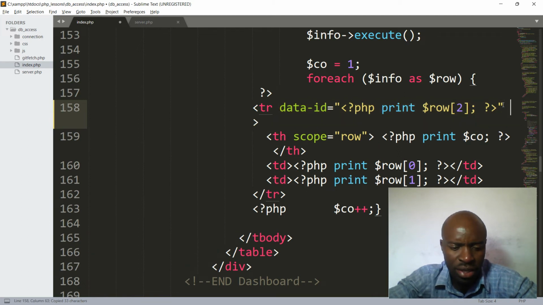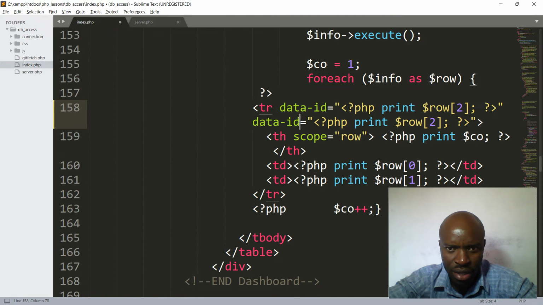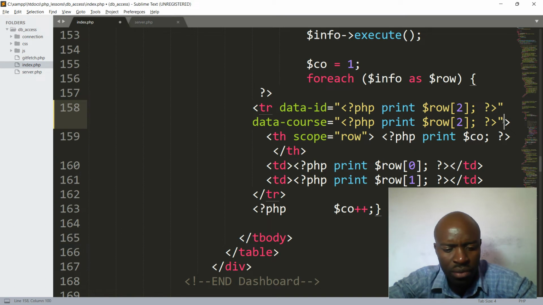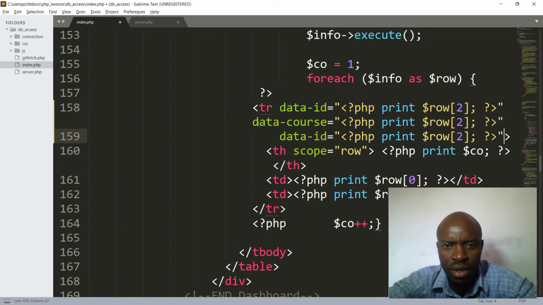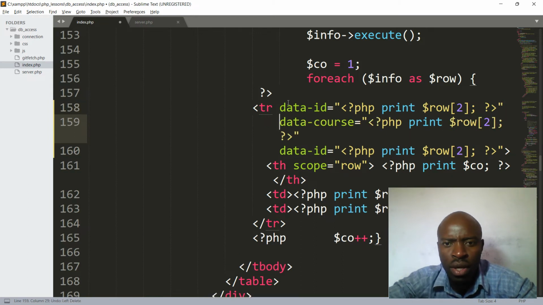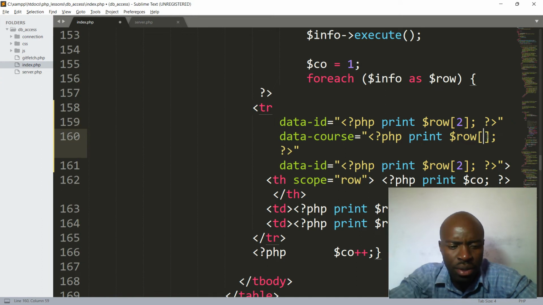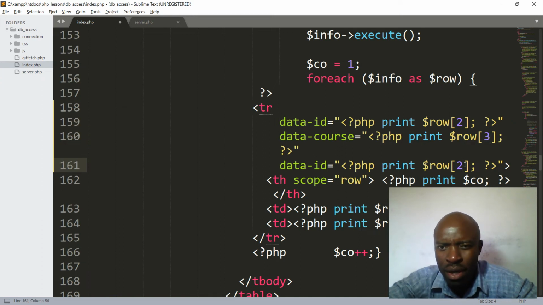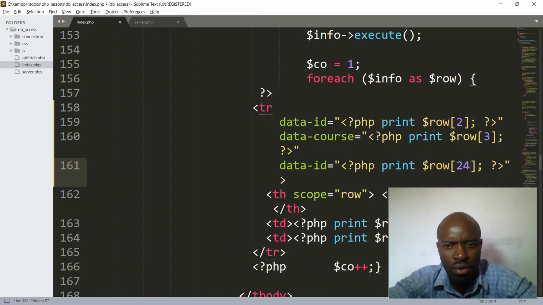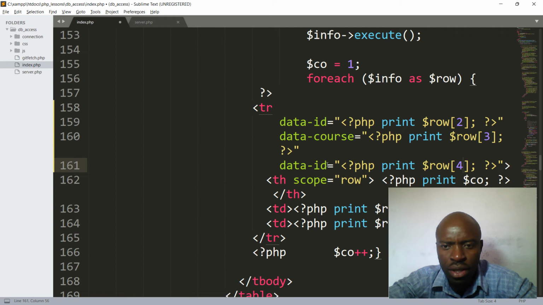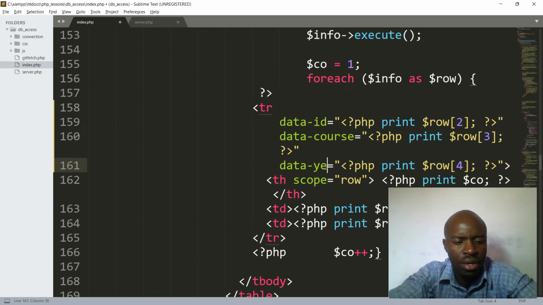So the next thing will be the ID, the course, so the course will be number 3 and the year will be number 4, and here I should change this from ID to year.